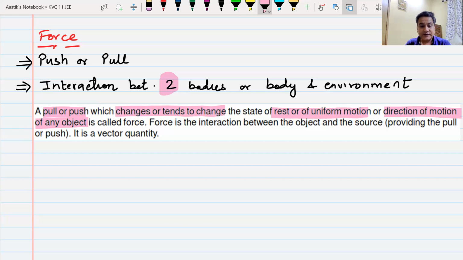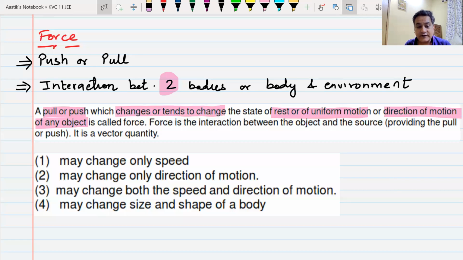Force is an interaction between two bodies. What can force do? Number one, it can change the magnitude of velocity or speed. Number two, it may change only the direction of velocity. Number three, it may change both.